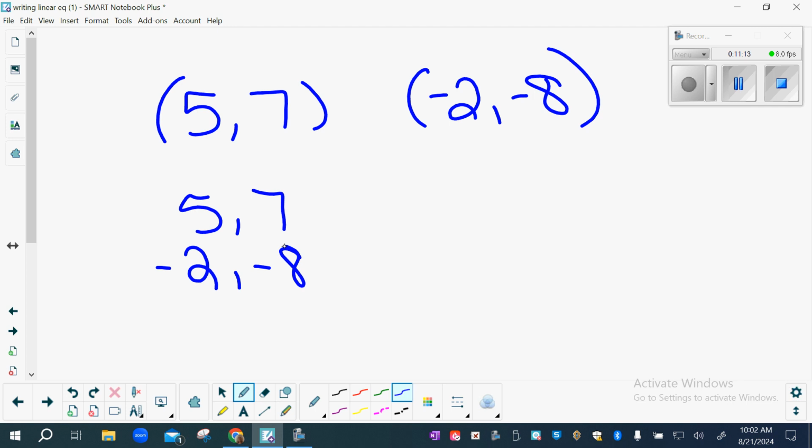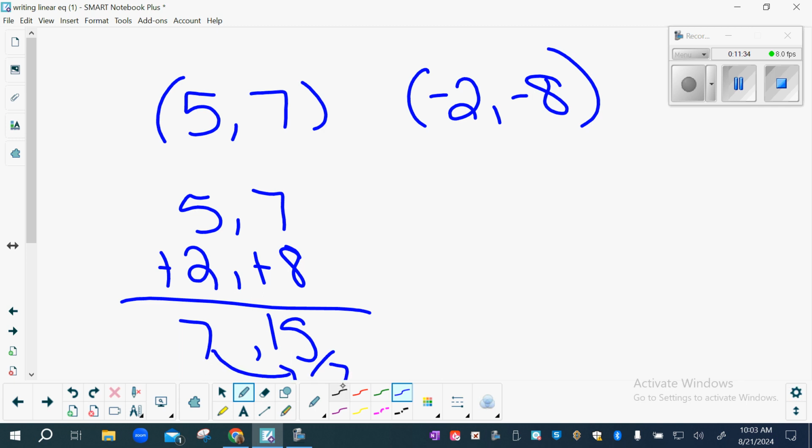We are going to subtract the bottom stuff, which means change the signs. So what does this dude become? What does this dude become? So now, 15 and 7. The only thing that's tricky is you have to remember this guy goes on the bottom.